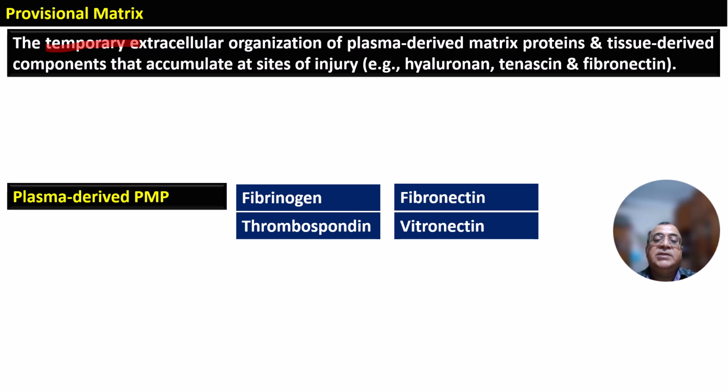Fibronectin is derived from the word nectere, which means to bind. Fibronectin is the best characterized adhesive glycoprotein present in the extracellular matrix, and it has binding properties for other cells and the extracellular matrix. There are two types of fibronectin: the plasma type and the tissue type.